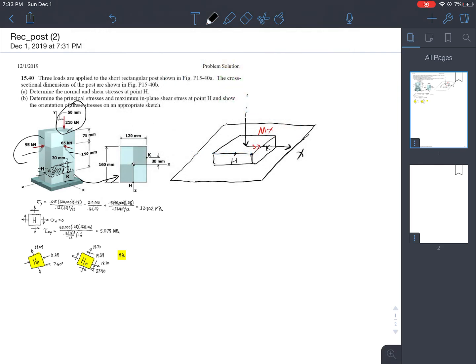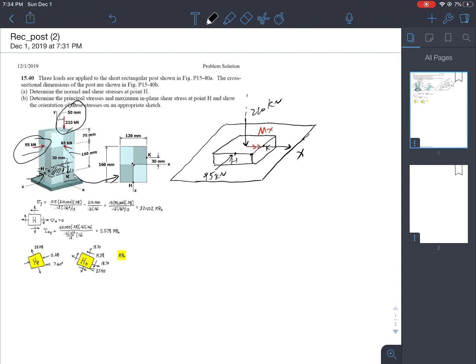Once I shift the other force, the 95 kilonewton, back here to H, so this is 210, this is 95, I also add another moment.